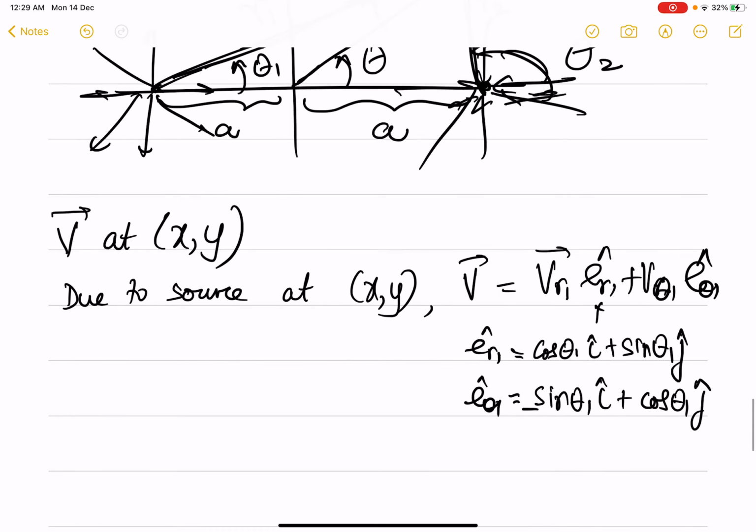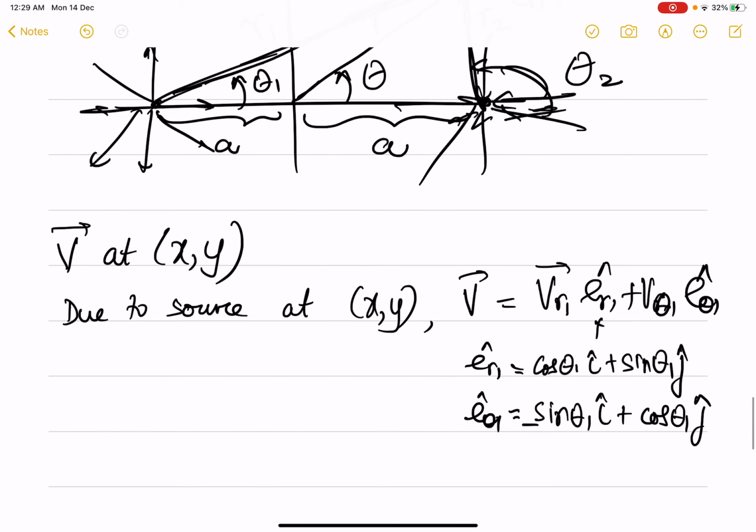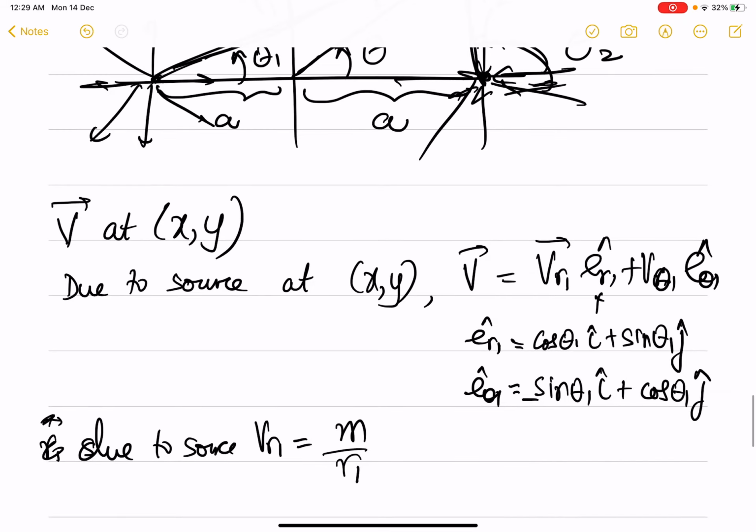So now I can find the velocity. We know due to source 1, VR1 is equal to m by R1 and V theta 1 is equal to 0.